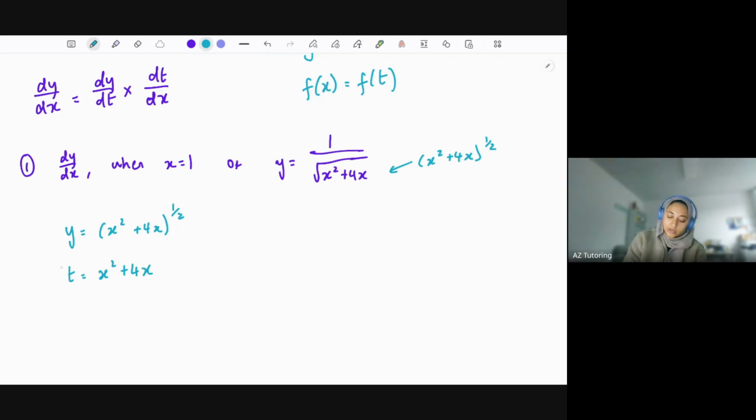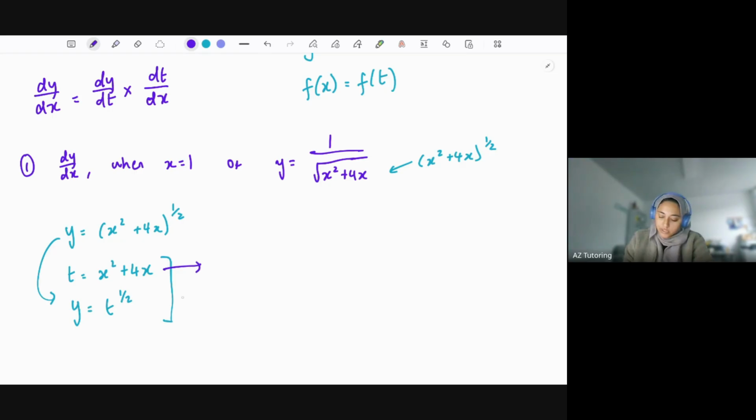Now, because I've introduced this, I can rewrite this equation and say y equals t, because I've just said that's t, to the power of minus a half. So I've just introduced two new equations, which I'm going to differentiate to find dy over dx, basically. Some people use u, but because u comes up in the product rule and other rules you're going to come across, I like using t for the chain rule.